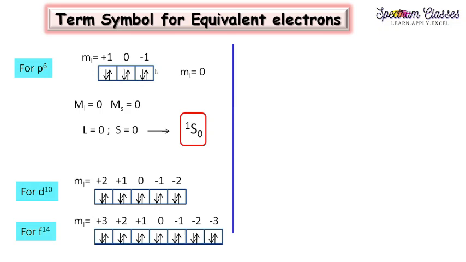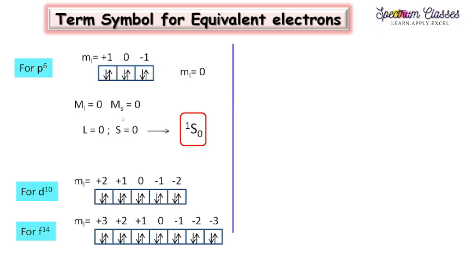So overall ML, if we count for all these electrons, so here plus 1, plus 1, 0, 0, minus 1, minus 1, right? So we will cancel out that and we will ultimately get ML is equal to 0. If ML is equal to 0, then that corresponds to capital L is equal to 0. Similarly for MS is equal to 0. Therefore, capital S is equal to 0.